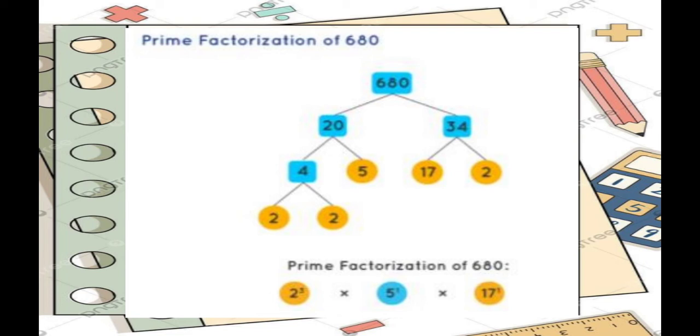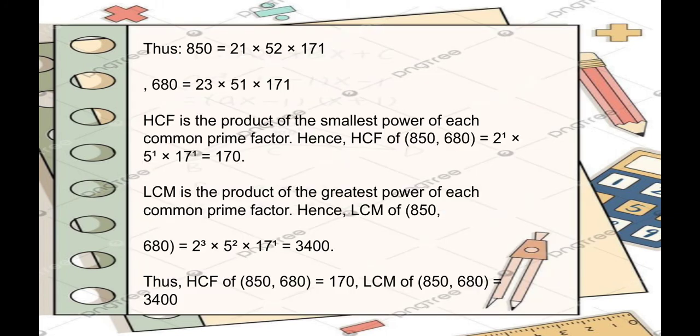So the prime factorization of 680 is 2 to the power of 3 times 5 to the power of 1 times 17 to the power of 1. Thus 850 is equal to 2 to the power of 1 times 5 to the power of 2 times 17 to the power of 1.